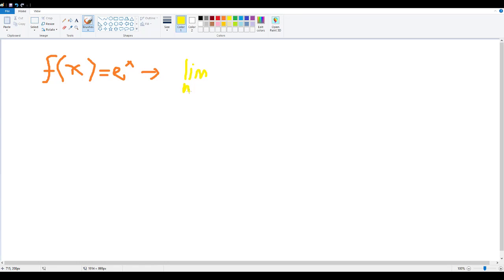Limit as h, I use h instead of delta x because it's easier to write, tends to 0 of e to the x plus h, and then minus e to the x, and all of that divided by h. So, this would be our simple limit.